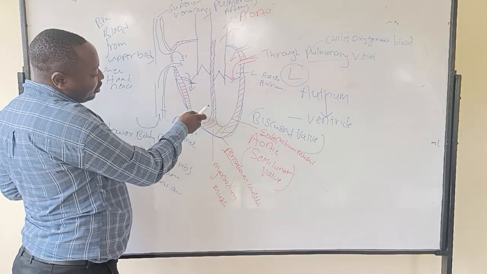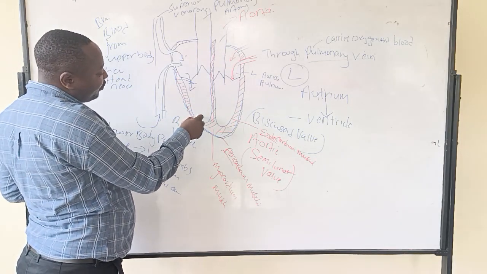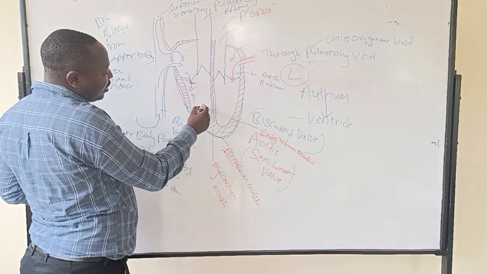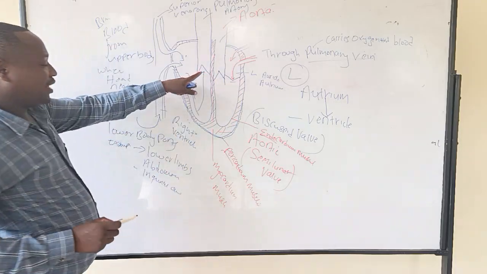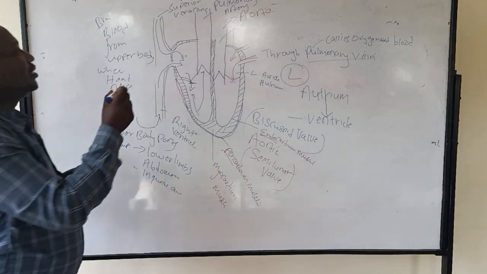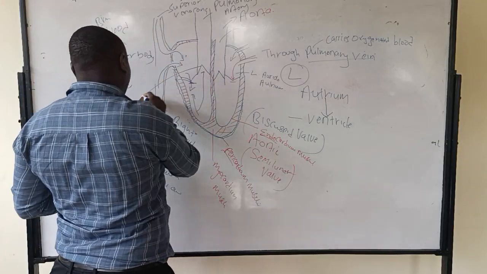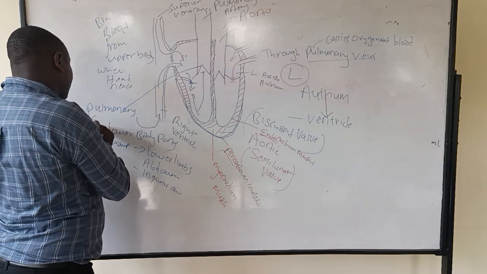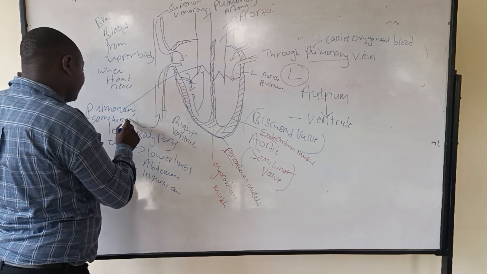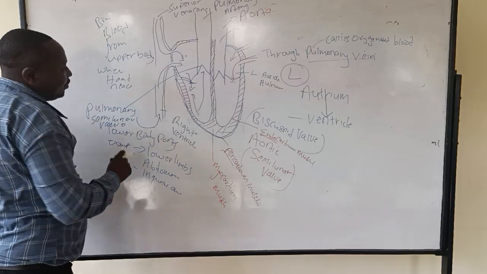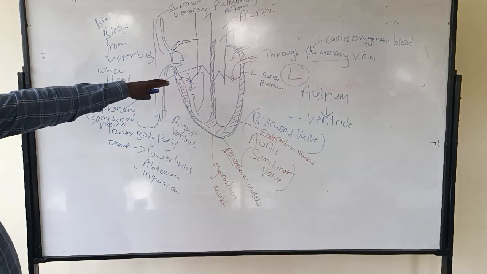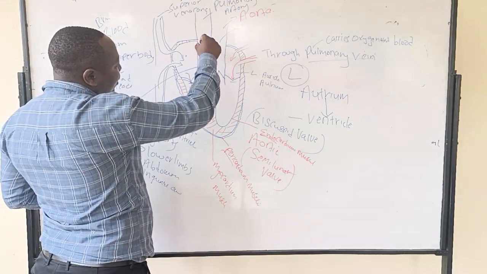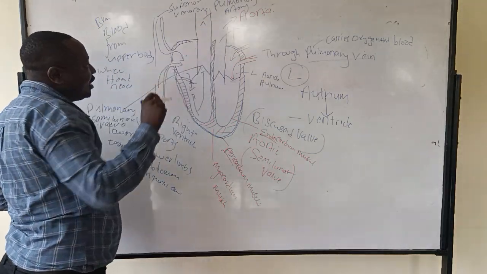Immediately we have pressure from the lower part of the ventricle moving upwards, it forces this valve to close, and this force will also cause the pulmonary semilunar valve to open. Once it opens, it forces all this blood upwards to the pulmonary artery.